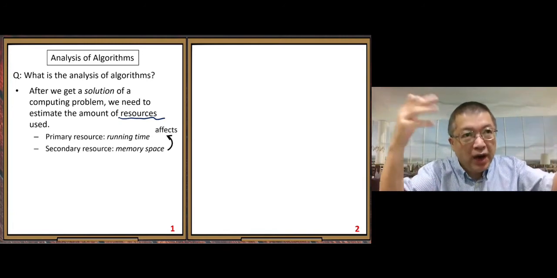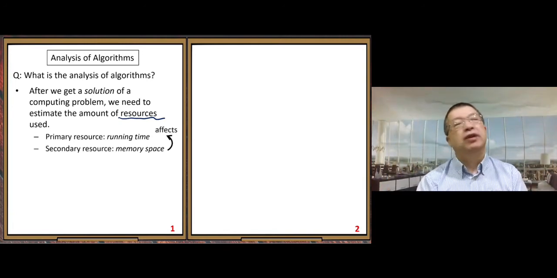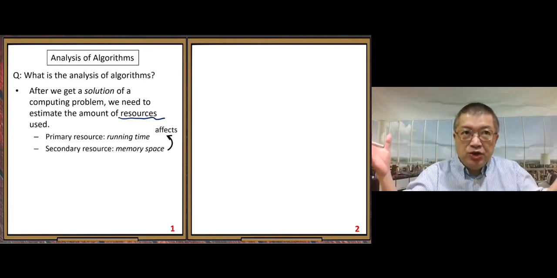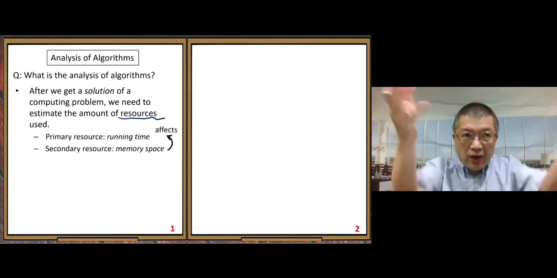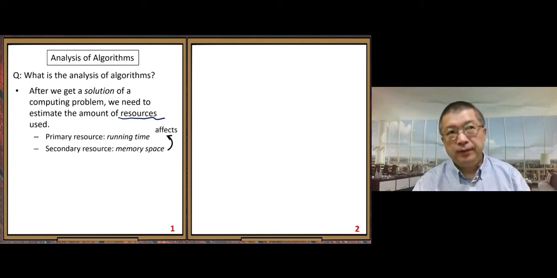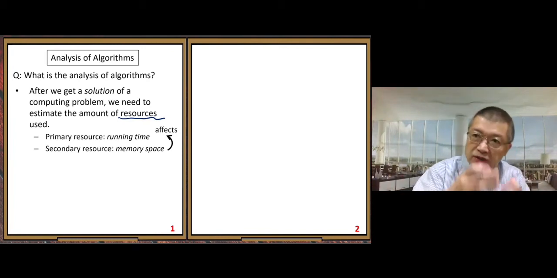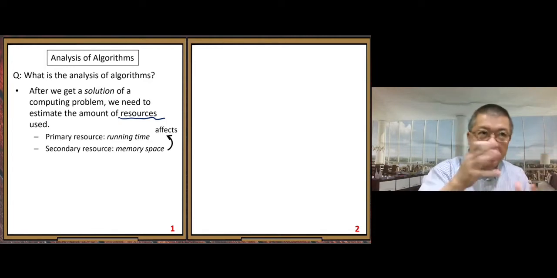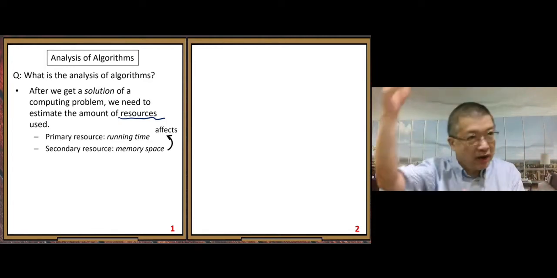runs slower and slower. Especially, we know a computer may run many programs simultaneously, right? So the memory space, that resource, is very important. When the memory resource is consumed quickly, then the operating system needs to manage, swap in, swap out, right?